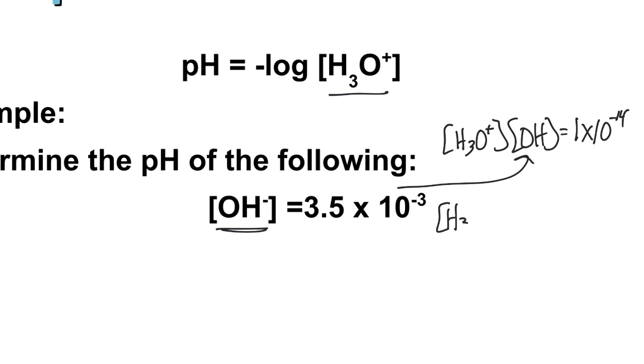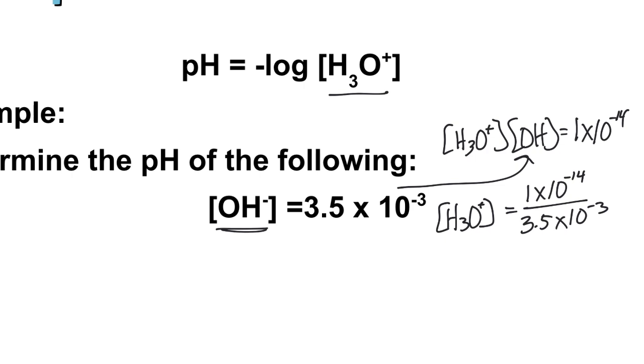So I'm going to get the hydronium ion concentration, and I'm not going to show it entered into the math because it's going to be annoying with the scientific notation. I'm hoping you can follow. I'm going to do 1 times 10 to the negative 14th divided by 3.5 times 10 to the negative 3rd. I'll put that in my calculator carefully, making sure I use parentheses or my exponent button.